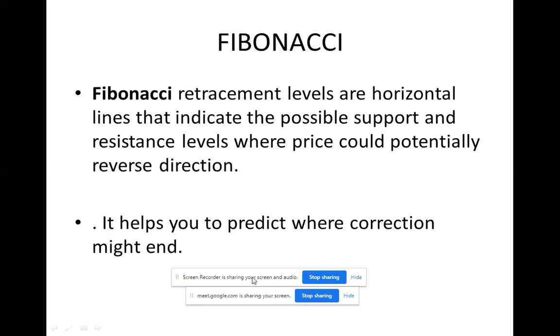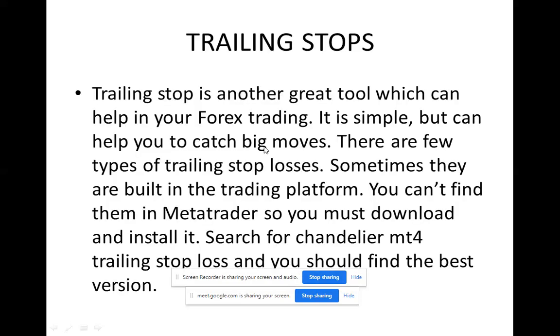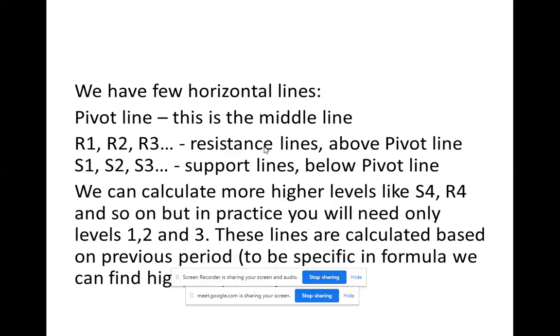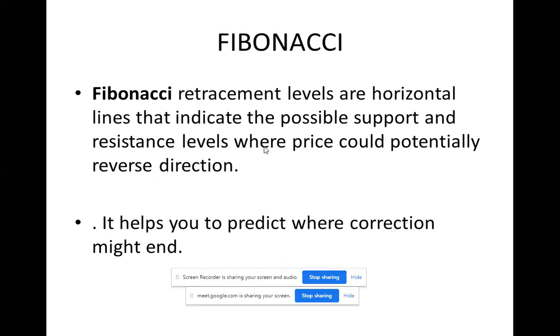So yesterday we were talking about the pivot point and Fibonacci retracement, because we have four types of Fibonacci: Fibonacci retracement, Fibonacci expansion, Fibonacci extension, Fibonacci time zone.